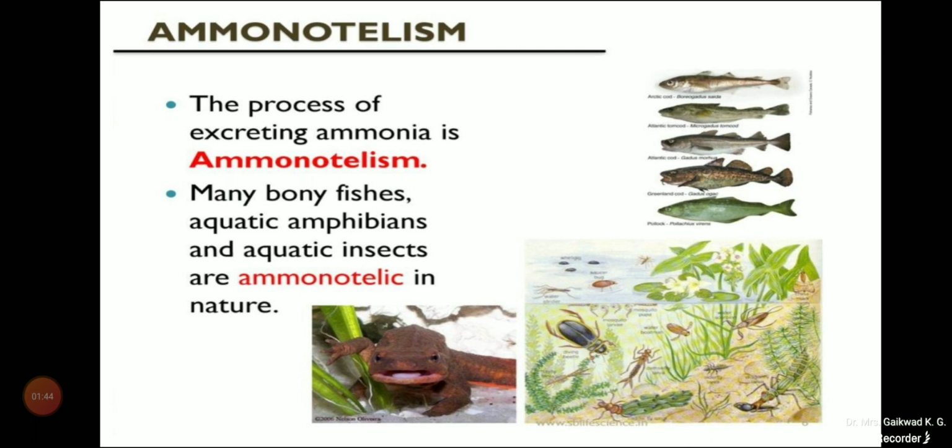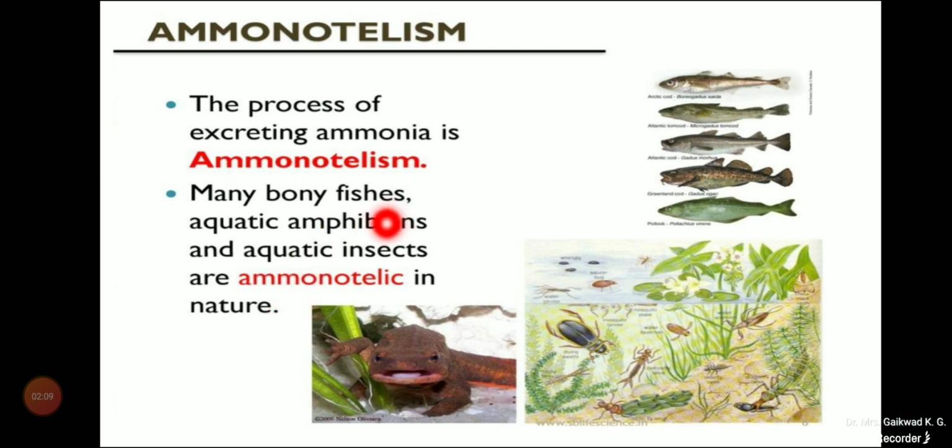Ammonotelism is the process of excreting ammonia. Many bony fishes, aquatic amphibians, and aquatic insects are ammonotelic, meaning they excrete which type of nitrogenous waste?